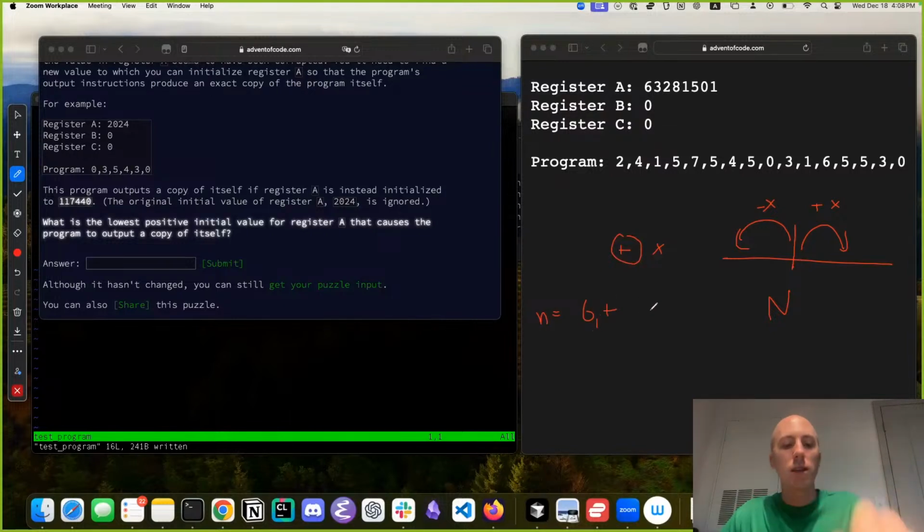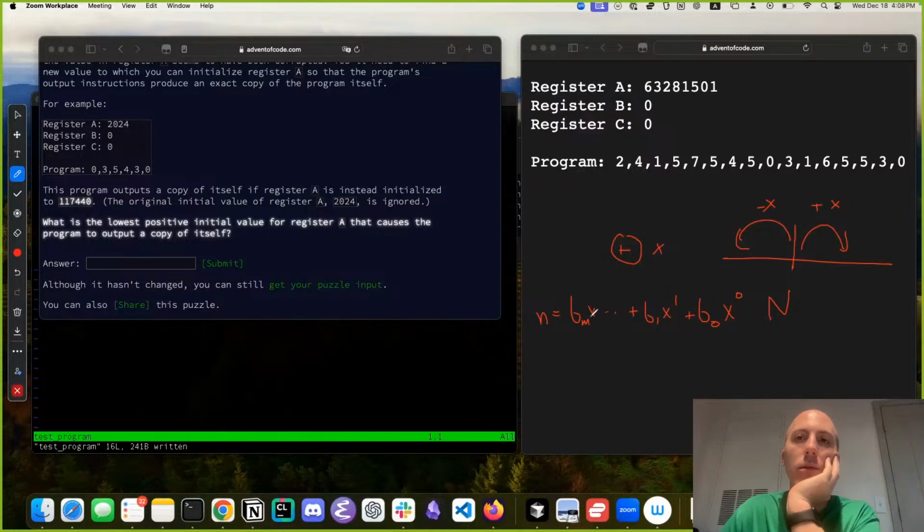It's more like b0 times x to the 0 plus b1 x to the 1 plus, b whatever m x to the m. This is actually like an infinite sum. Those could all be 0, going this way, but I don't know how you would characterize this though. Yeah, whatever.